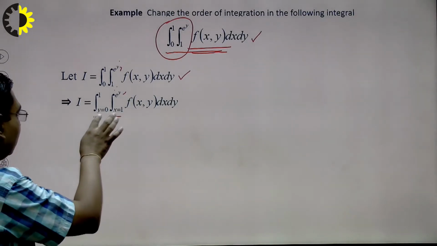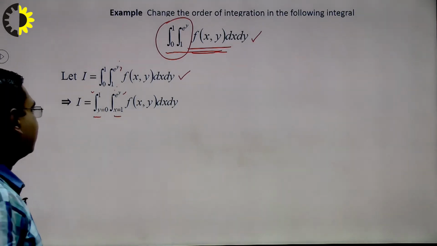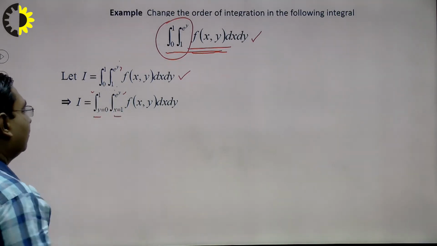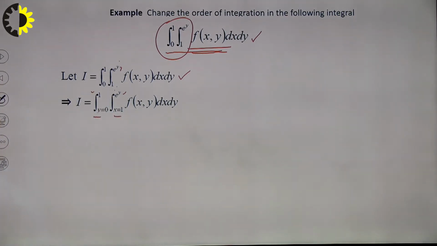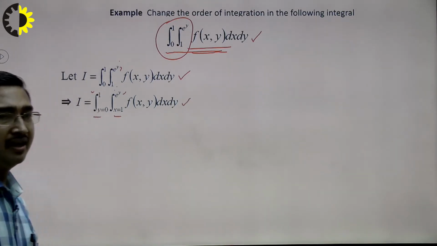The outermost limits will automatically be the limits of y, and in this manner this integral is converted to the form y from 0 to 1, x from 1 to e to the power y f(x,y) dx dy.